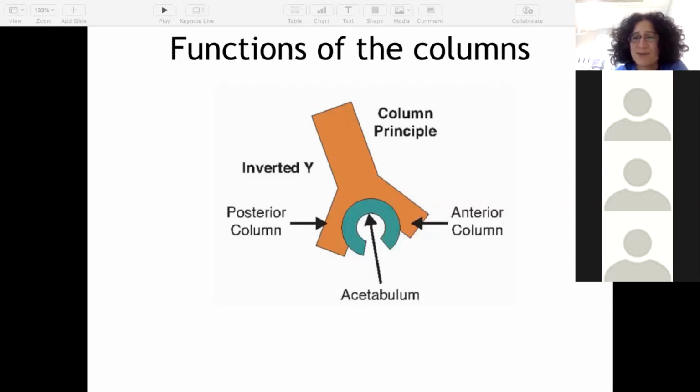So can anybody suggest some differences between the anterior and posterior columns in terms of anything really, structure, function, relevance? If we have a fracture that divides the posterior column completely or anterior column completely, what are the main differences between them, and what are the implications for the patient?